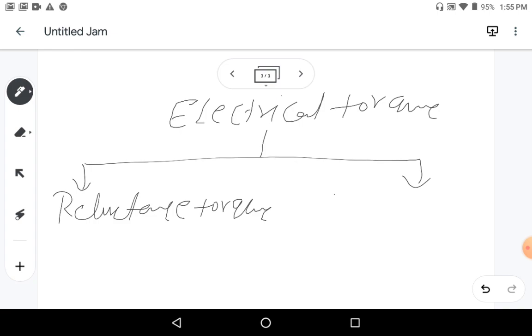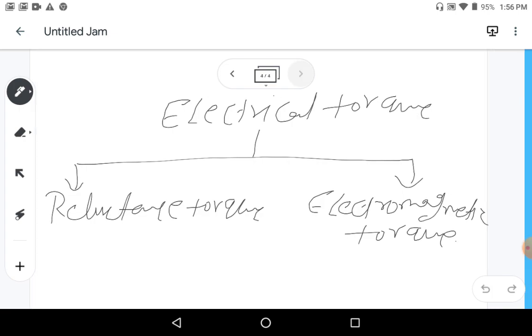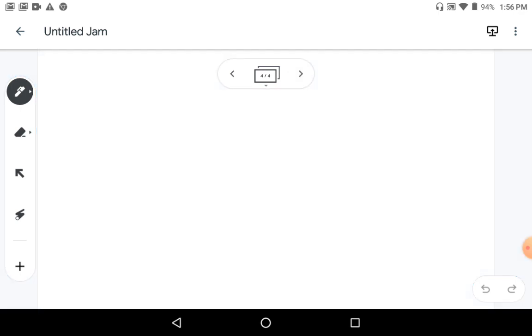And number two, electromagnetic torque. Now, first, reluctance torque.